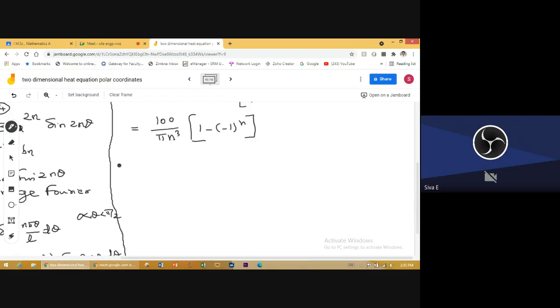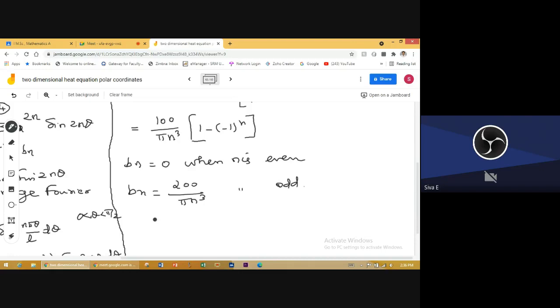So Bn equal to 0 when n is even. Bn equal to 200 by pi n cube when n is odd.